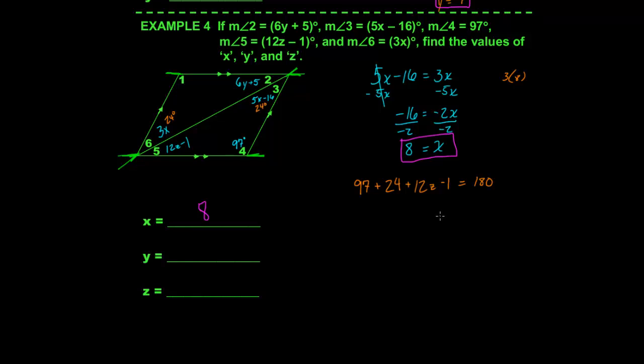So, since we do know this, let's look at adding this up. That will be 96 plus 24, and 120 plus 12z is equal to 180.